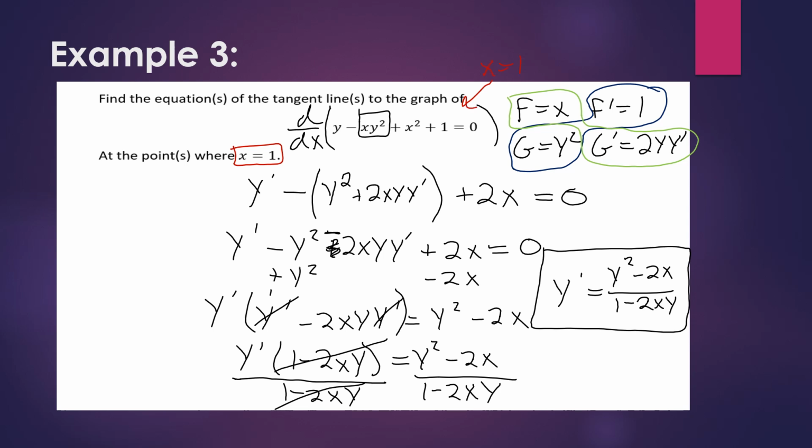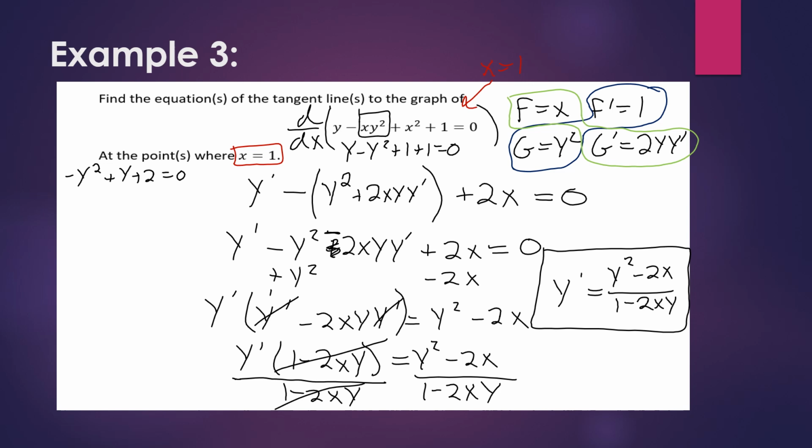If I do that, I'm going to get y minus y squared plus 1 equals 0. So I'm going to start working on this left-hand side here. So that's negative y squared plus y plus 2 equals 0.